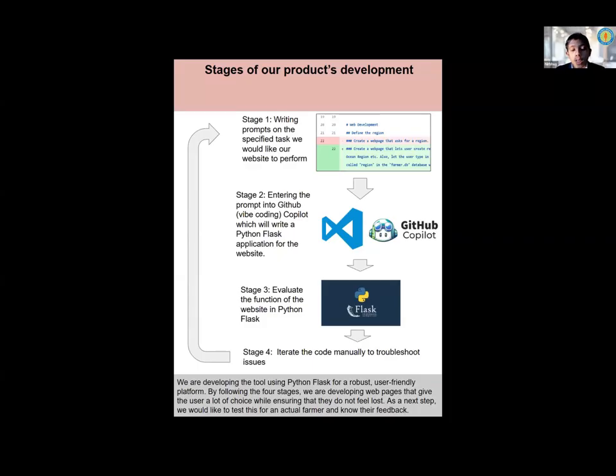Stage 2 and stage 4 would be the most challenging phases of our web development because, first thing is that GitHub Copilot is only free until a certain time, until it suddenly makes you go to a different AI platform.